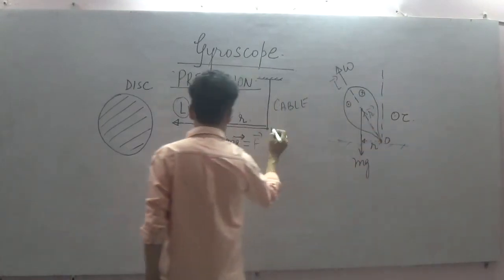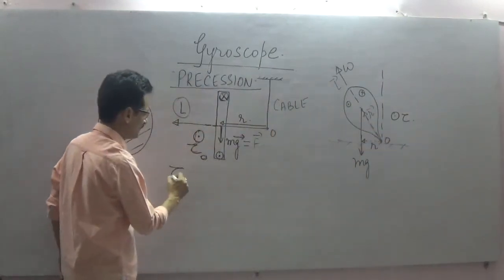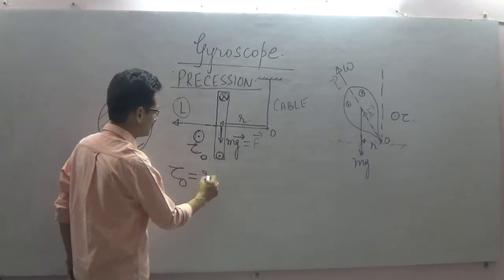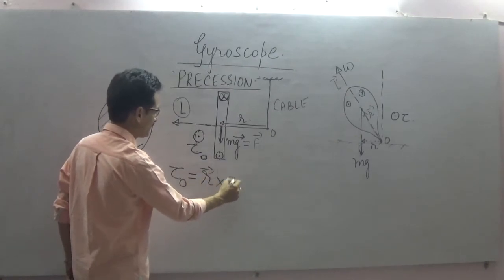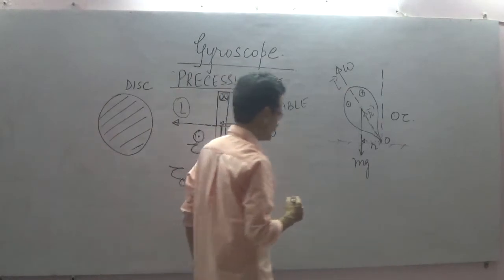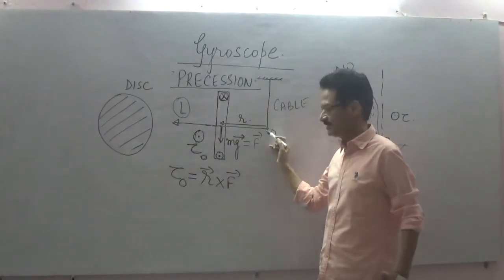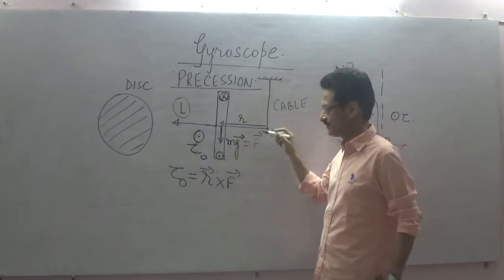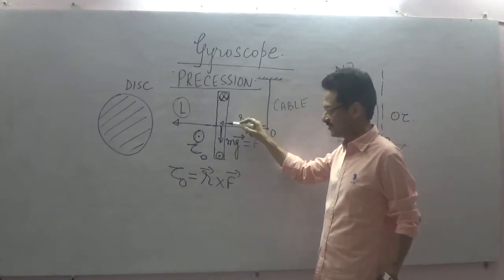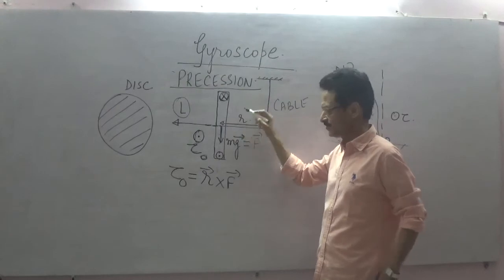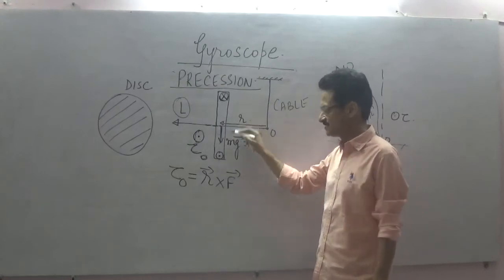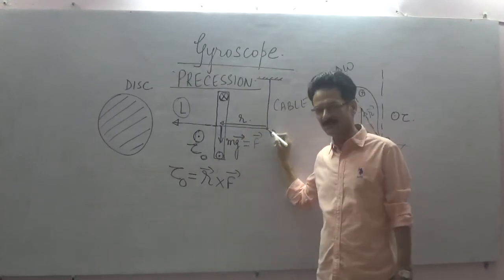Let us say this point is O. The torque about the point O is defined as R cross F. Now how do you find the direction of R cross F? Because we want to find the torque about this point, and we want to know what is applied by this force about this point of suspension.